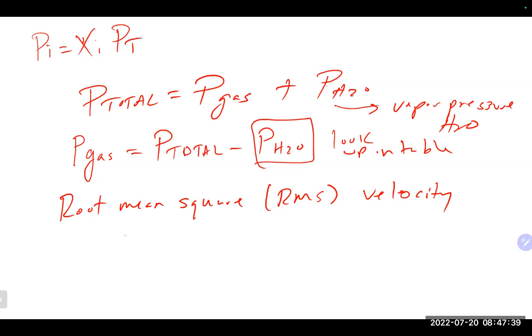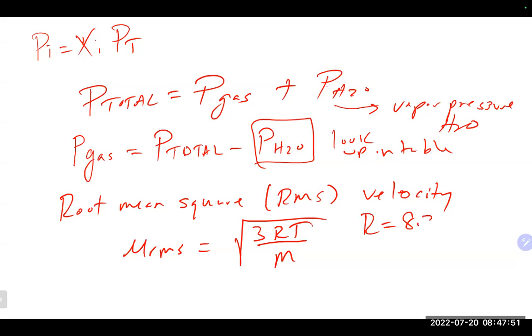There actually is a formula where you can calculate the root mean square, which is this guy, and that is the square root of 3RT over M. A reminder that when we use this, the gas constant is the energy version of the gas constant, and the reason for that is that a joule is a kilogram meter squared per second squared.